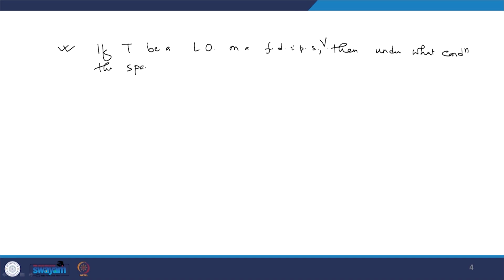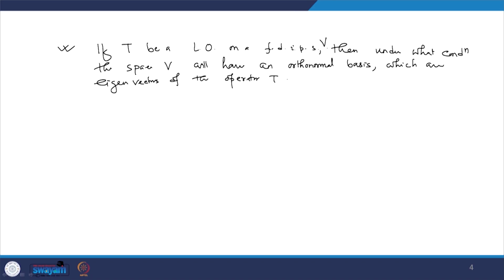The question is like this: if T is a linear operator on a finite dimensional inner product space capital V, then under what condition will the space V have an orthonormal basis which are eigenvectors of the operator T?